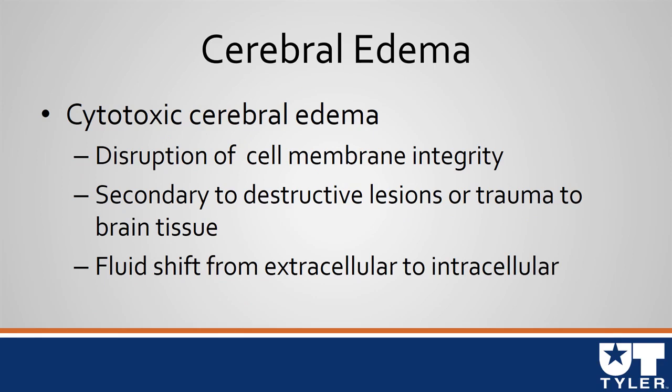In this type of edema, the blood-brain barrier remains intact. Cerebral edema occurs as a result of fluid and protein shifts from the extracellular space directly into the cells, with subsequent swelling and loss of cellular function.